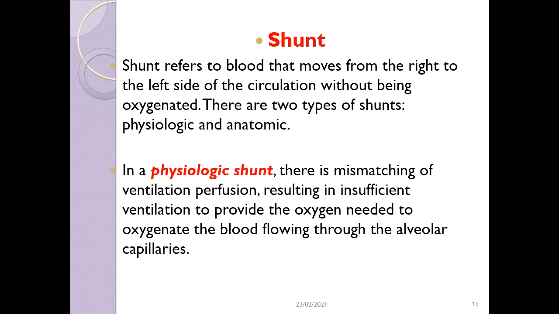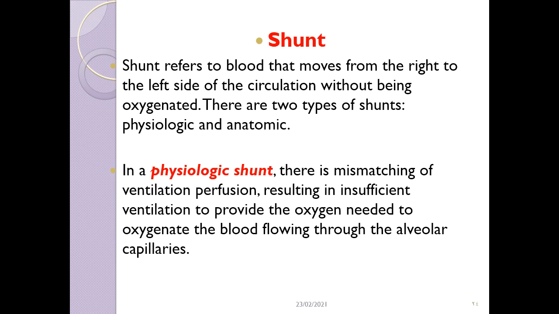In a physiologic shunt, there is a mismatch of ventilation and perfusion. As you remember, it is important to have a matching between the ventilation and perfusion.